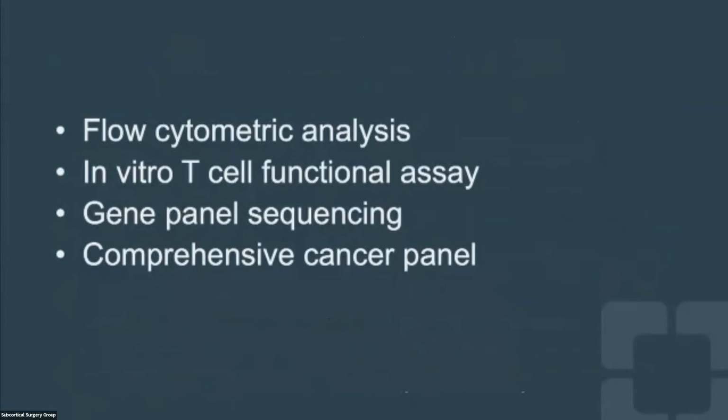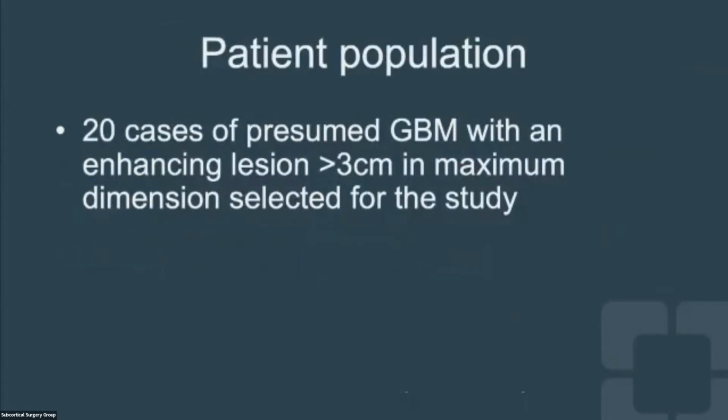Then finally, the tissue, some of these are done, some of them are in process: flow cytometry, microRNA sequencing, and next-gen sequencing. We enrolled 20 cases of presumed GBM greater than 3 centimeters to this study.